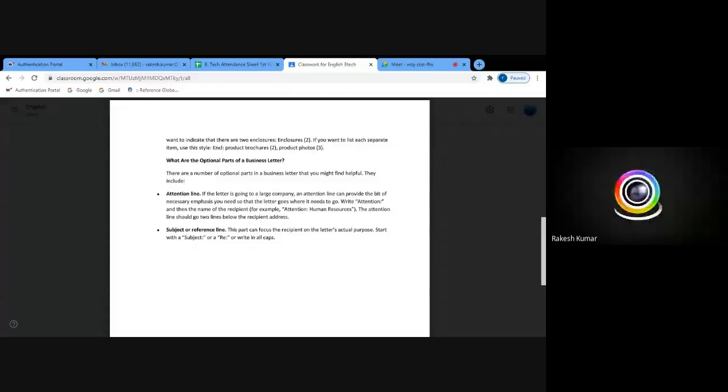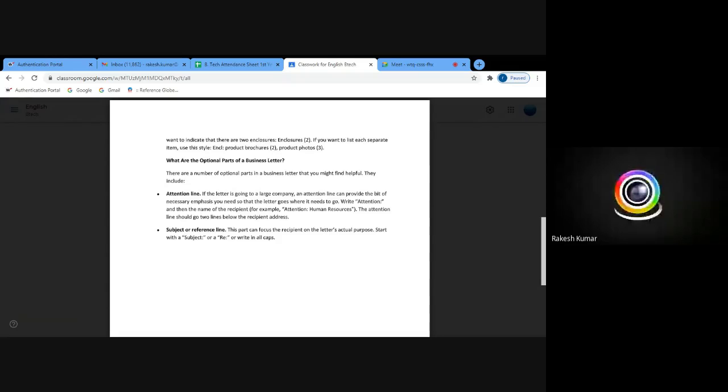Email suggests that the subject line should always be written. This has been followed in letters as well, because the person who opens that letter would understand why the letter has been written. So that is the reason for writing it. These are the important parts of letter writing.